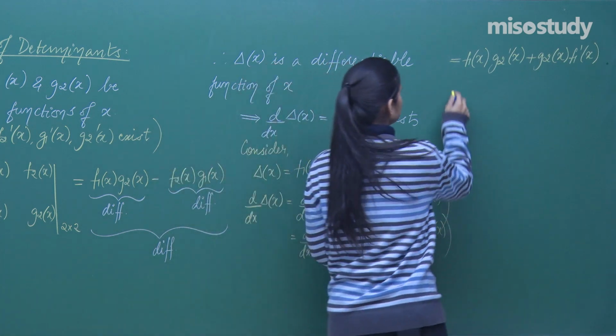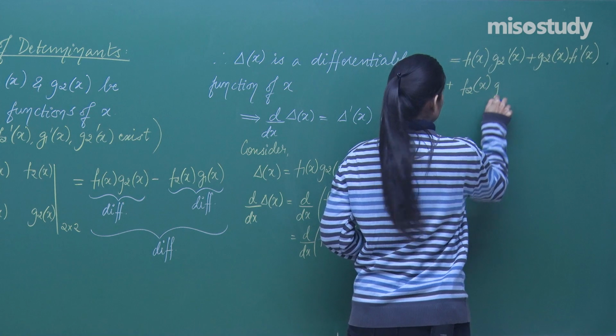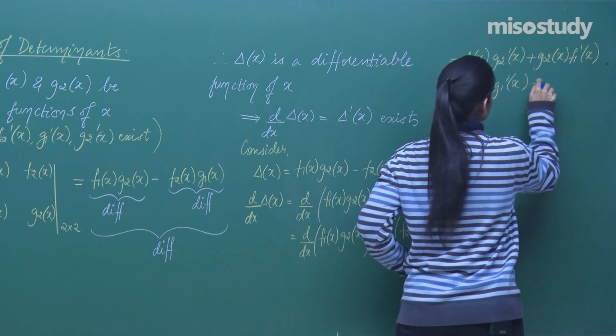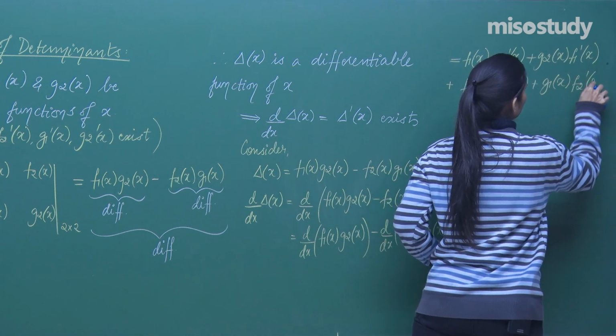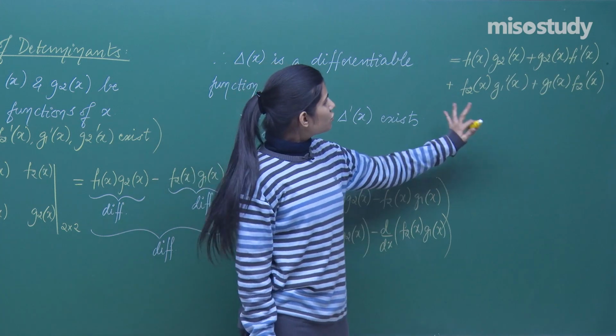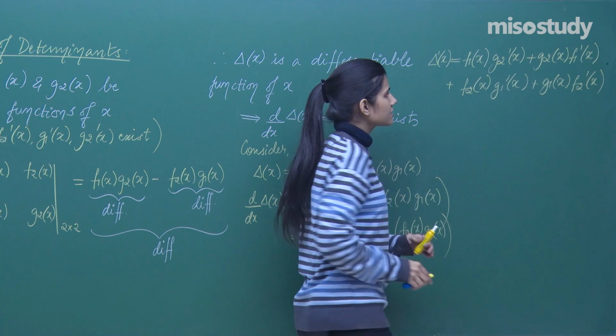Then you have here plus first function differentiation of second plus second function differentiation of first. Clear? You have got this as the value of delta dash x.